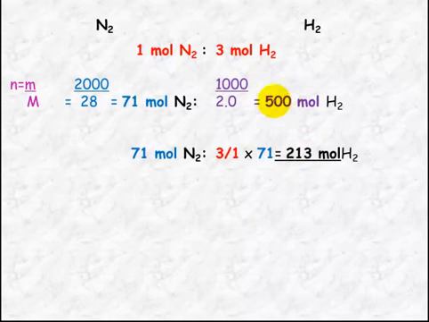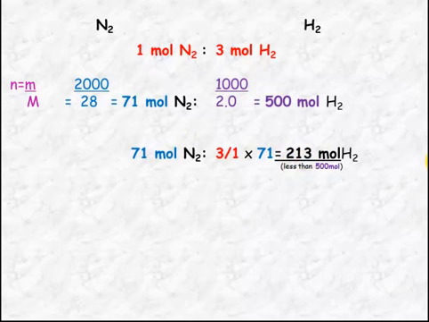We just worked out 500 mole of hydrogen to play with. So therefore, it is less than that 500 mole. So I've got enough hydrogen here. So this reaction can go ahead, 71 mole of nitrogen with 213 mole of hydrogen.